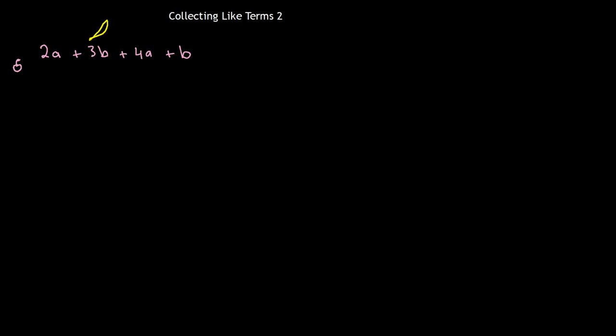There we go, close enough. So I have this 2a. What this means is we have two apples, so we have an A and an A. Now the 3b, you've probably already guessed it, we've got three bananas here, B, B, B. Then we have A, A, and lastly we've got just one more banana at the end.